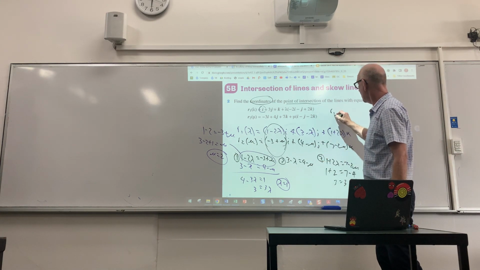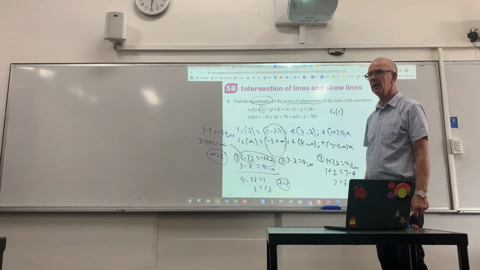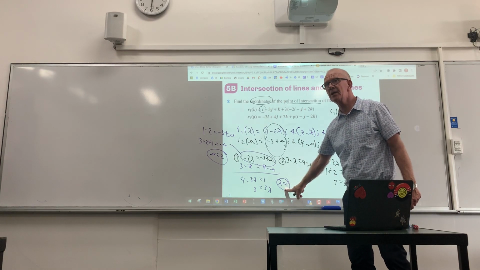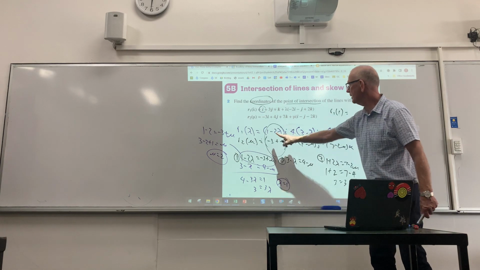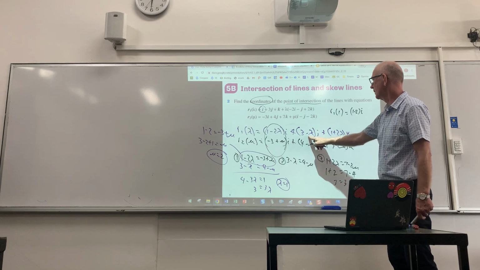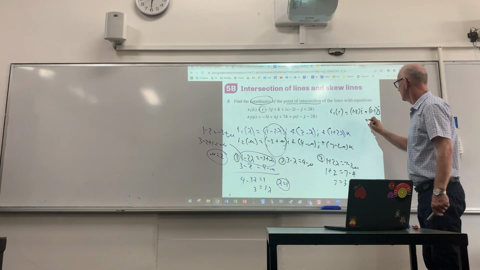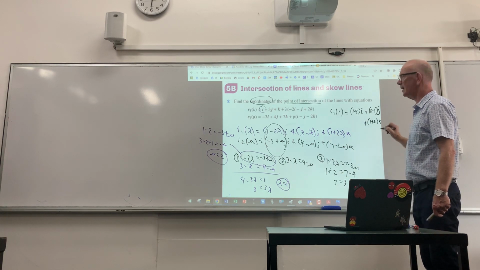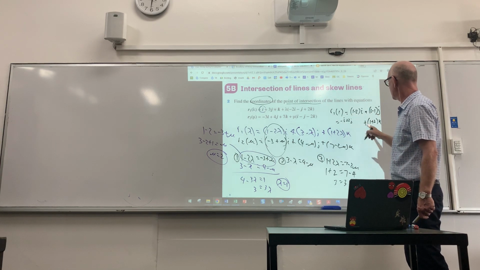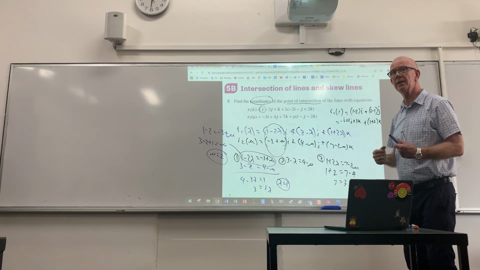So if I pick R1, we need to make the unknowns by themselves. Lambda equals 1, because that's my value of lambda. That's going to be 1 minus 2, there are no mu's, and there's just the lambdas that we can deal with, in the I, plus 3 minus 1 in the J, plus 1 plus 2 in the K, which gives you an answer of minus I, plus 2J, plus 3K, is where the intersection point will be.